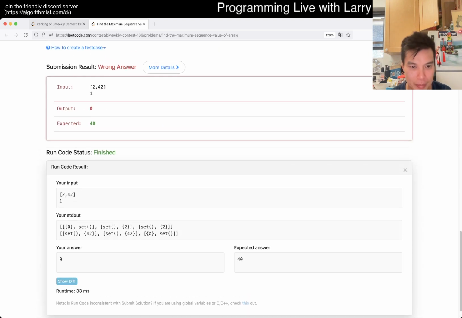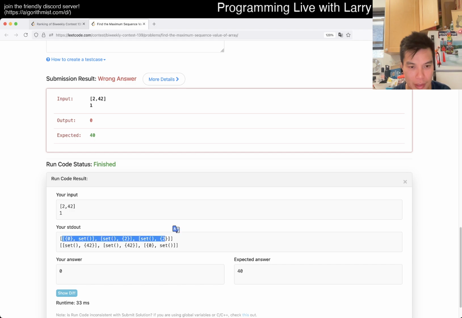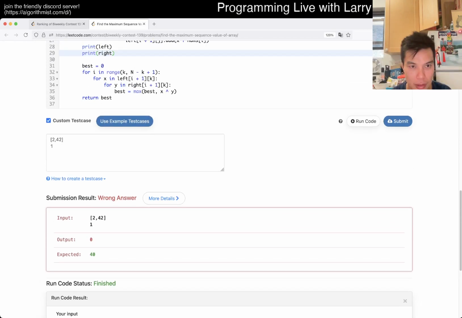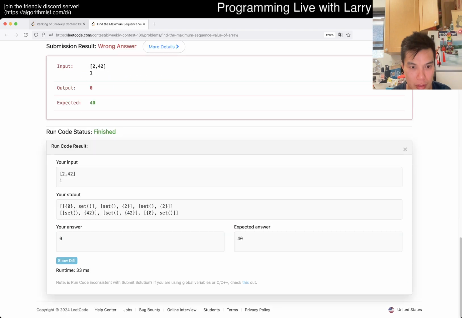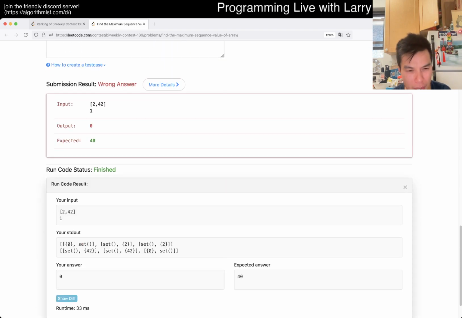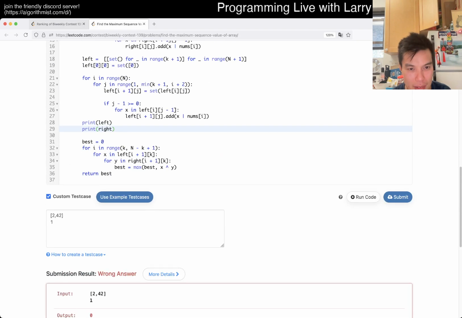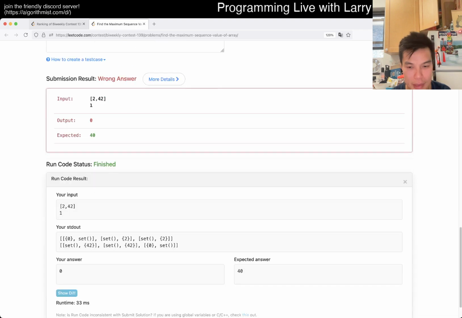But alright, so left and the right. So K is equal to 2. So okay, why is this wrong? What am I looking at? I plus 1K.